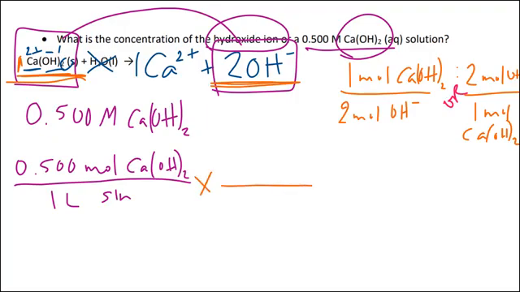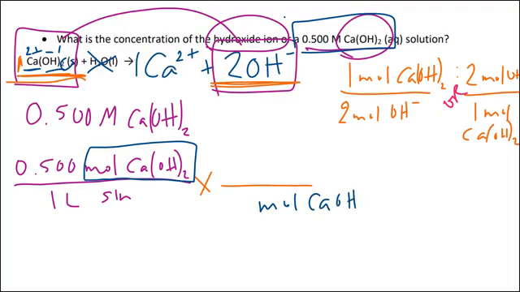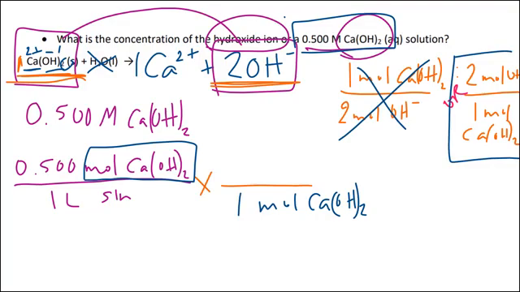So then down here, now that I've got my starting written, because remember, I'm starting with the only number it's given me, I got to get to hydroxide, which means I got to get rid of moles of Ca(OH)₂. So I got to have that on the bottom, or in my denominator. And that would not be this guy. I need to use this conversion factor: 1 mole of calcium hydroxide for every 2 moles of hydroxide ions.